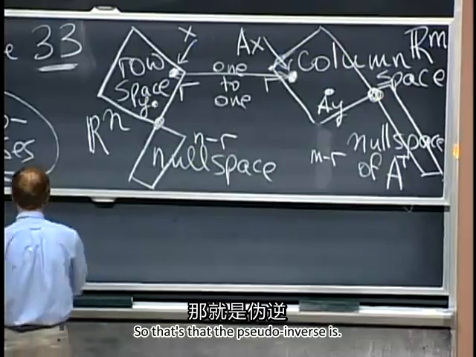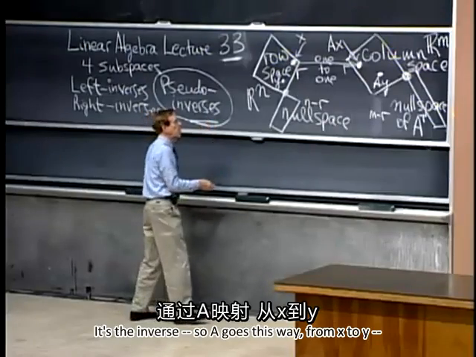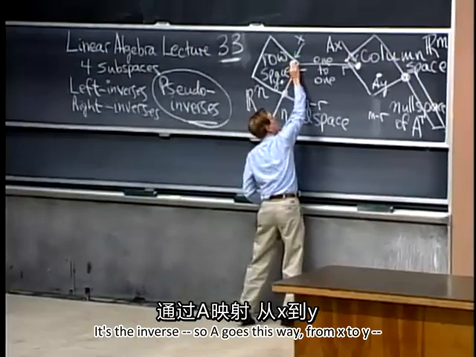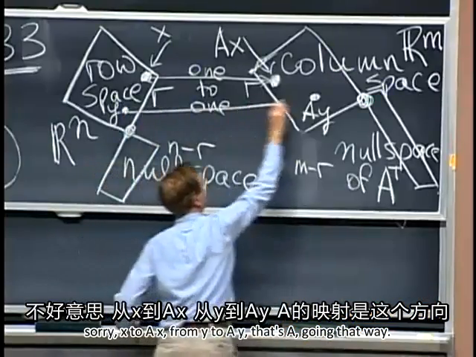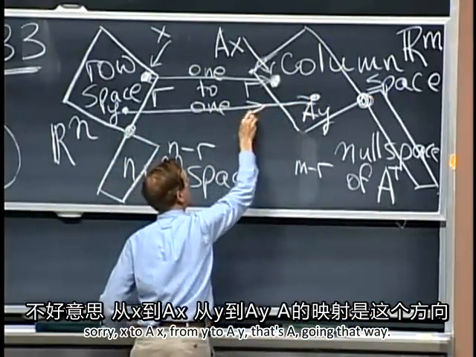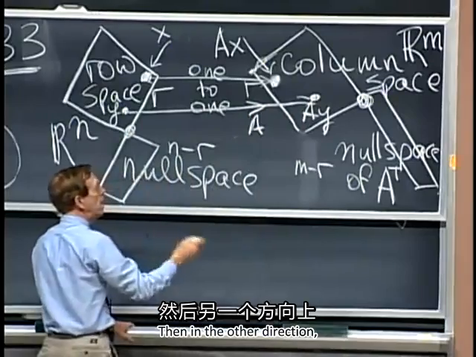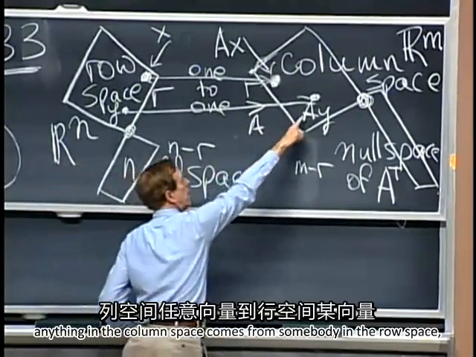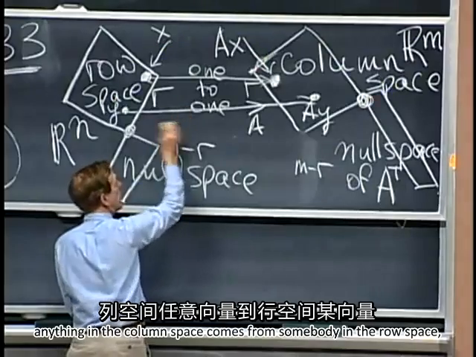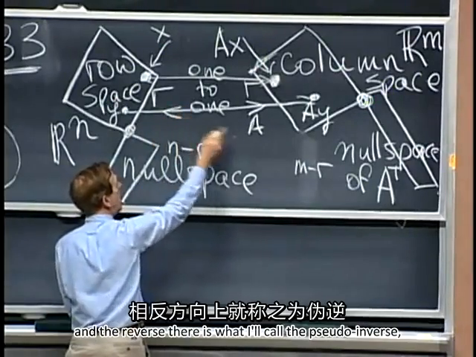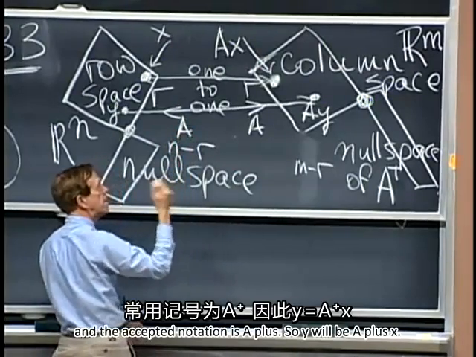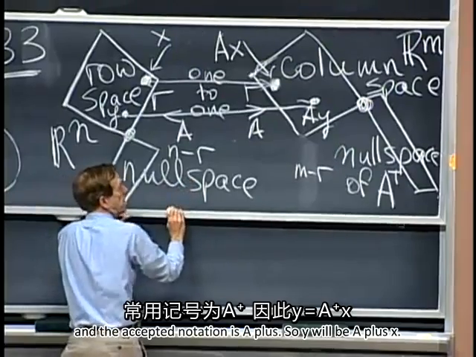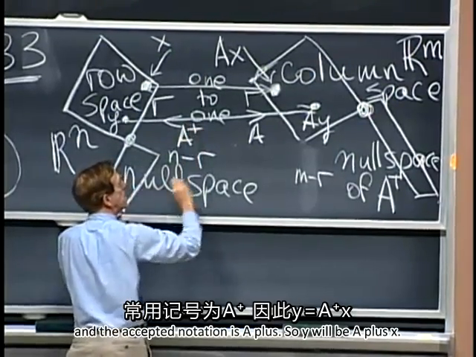So A goes this way, from x to Ax, from y to Ay. That's A going that way. Then in the other direction, anything in the column space comes from somebody in the row space, and the reverse there is what I'll call the pseudo-inverse, and the accepted notation is A plus.